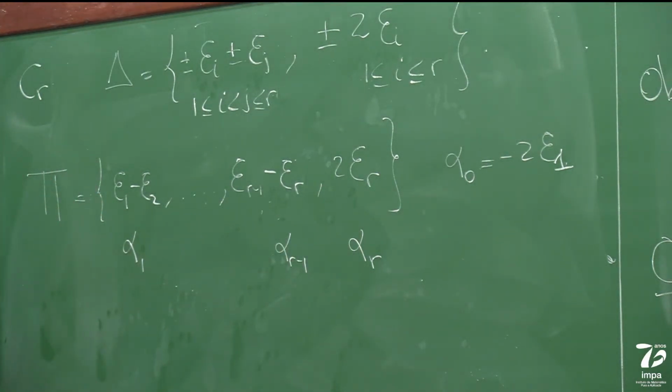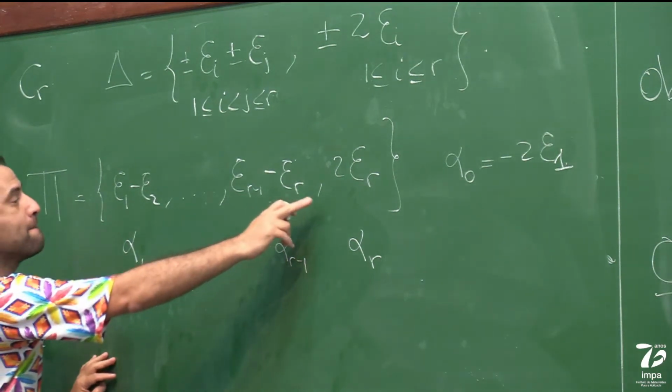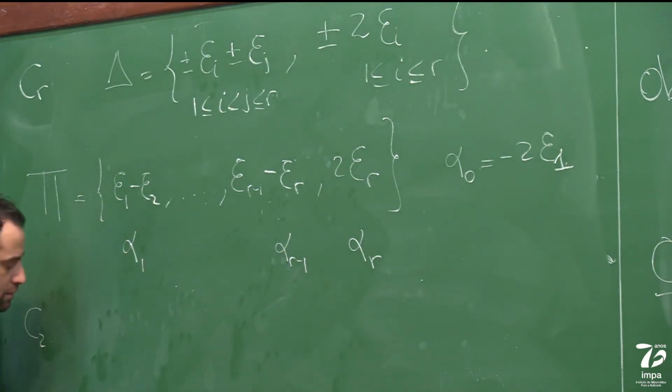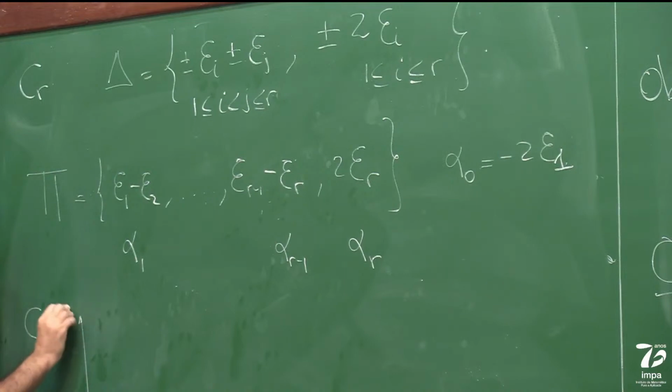In particular, how does C2 look? Okay, so this is the case r is equal to 2. So I have plus or minus twice. So this is 2 epsilon 1. So here's epsilon 1. This is 2 epsilon 2. And they're negatives.